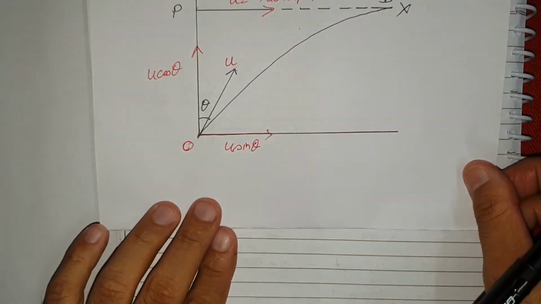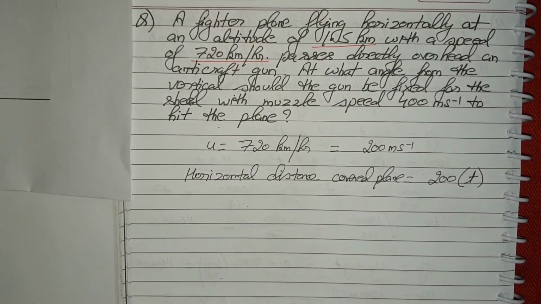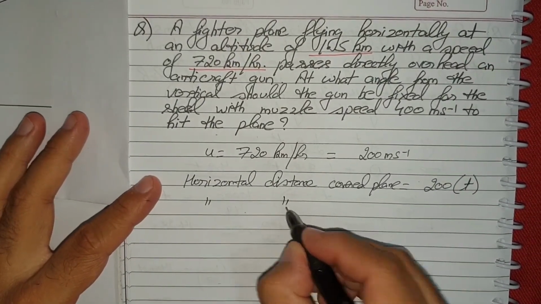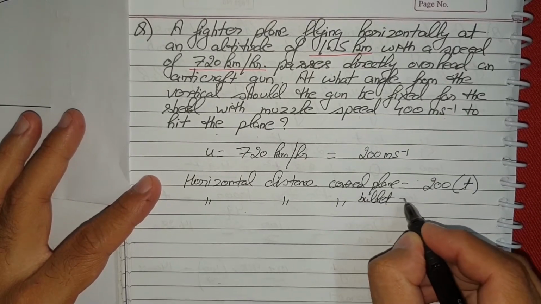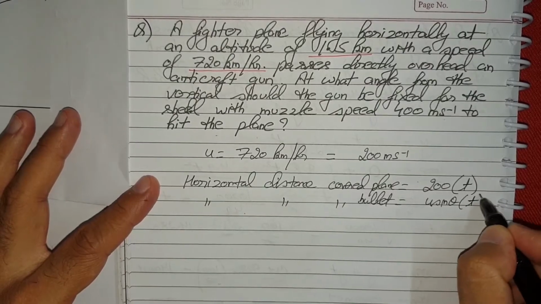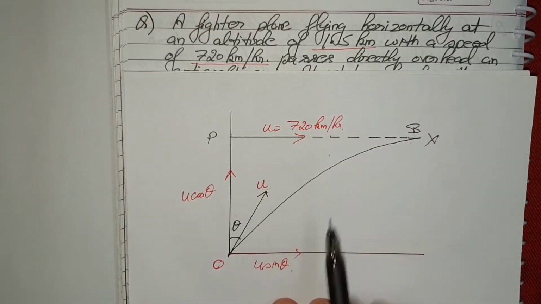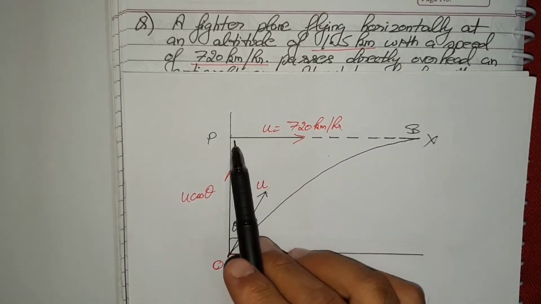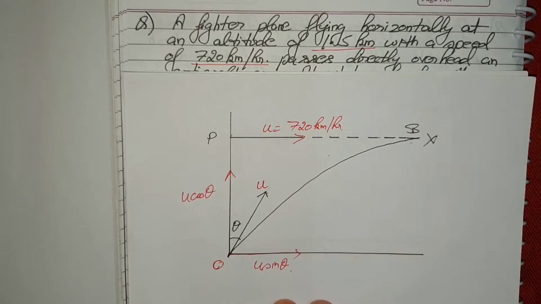Now, see, the horizontal velocity of the bullet is u sin theta. So the horizontal distance covered by the bullet is u sin theta into t. These two should be the same so that it hits the plane.